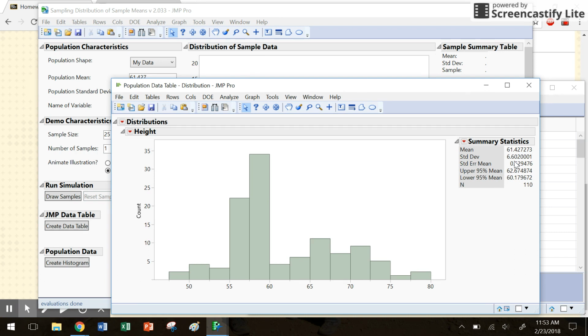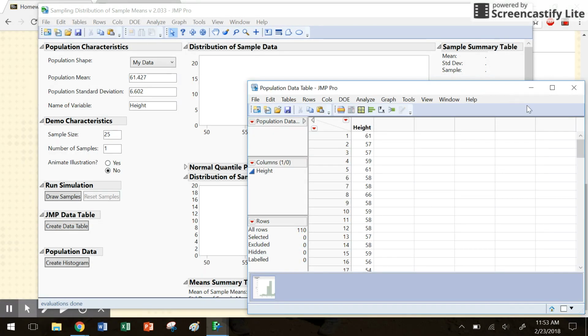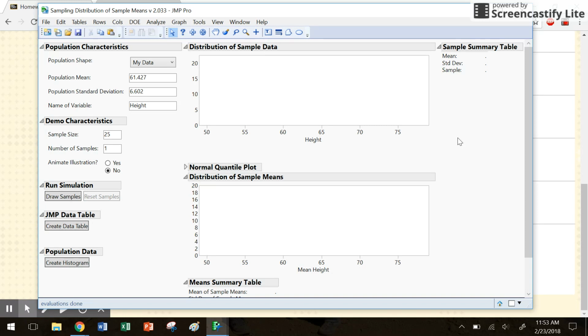All right, so in the population, if we're talking about single vehicles and how they are different from each other, the typical distance from the mean is 6.6 inches. Okay. So that's talking about individuals, that is, single vehicles and plotting their heights.